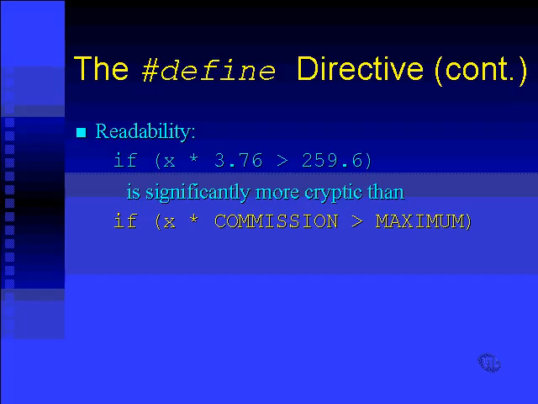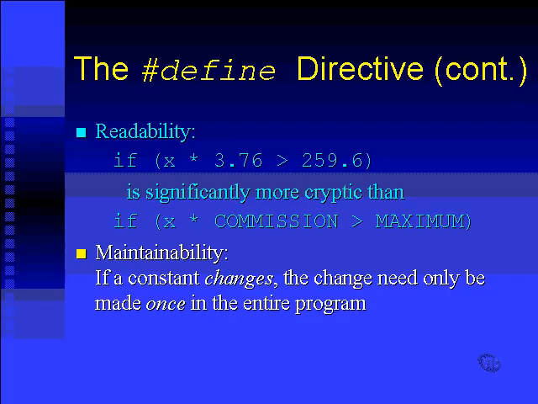The second reason, probably an even more important reason than the readability reason, is maintainability. If one of these constants, if one of these hash defines changes, in other words, commission is now no longer 3.76, now it's 4.12, then you don't have to go through your entire program searching for 3.76 and changing it to 4.12.